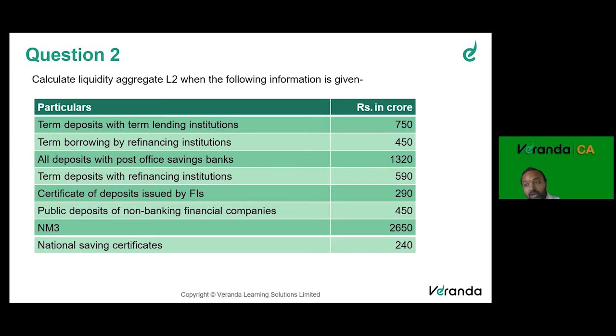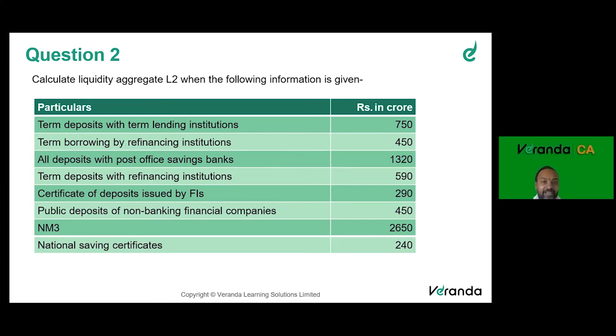L1 is nothing but NM3 plus all deposits with post office savings bank excluding national savings certificate. National savings certificate is already here separately, 240. Do we have something called post office savings bank? So here they have provided 1,320 crores. So this plus this, if we add, then we will get L1. What is the answer we are going to get for that?